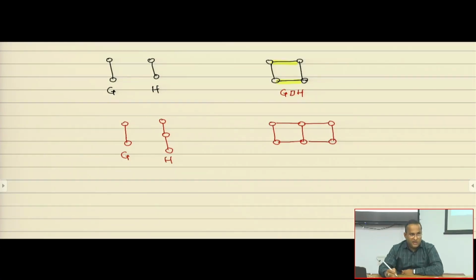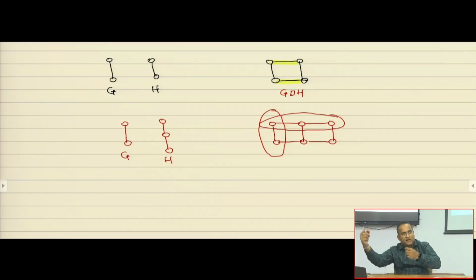So what is the meaning of this? Here, if you see, each vertex of G is replaced by a copy of H, and the corresponding vertices are adjacent, right?